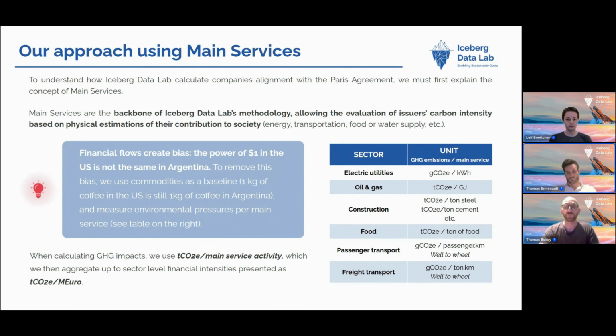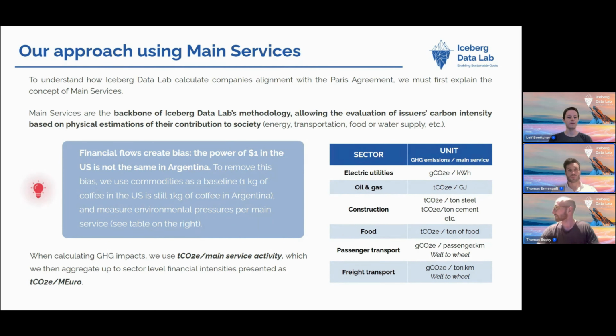For example, for a company that produces electricity, we talk of emissions of GHG per kilowatt hour. If it's an energy company, we talk of emissions of GHG per gigajoule. If it's a transportation company, for passenger transport we talk about CO2 emissions per passenger kilometer, or CO2 emissions per ton kilometer for freight transport.